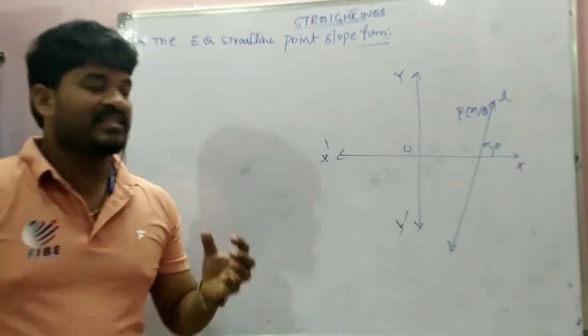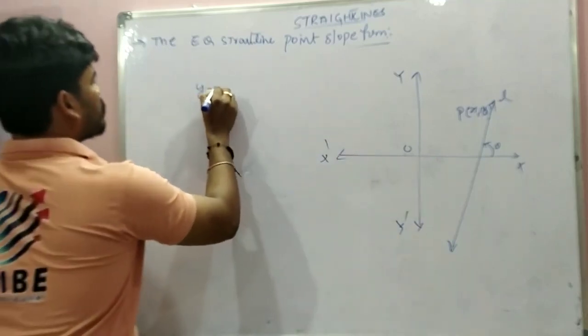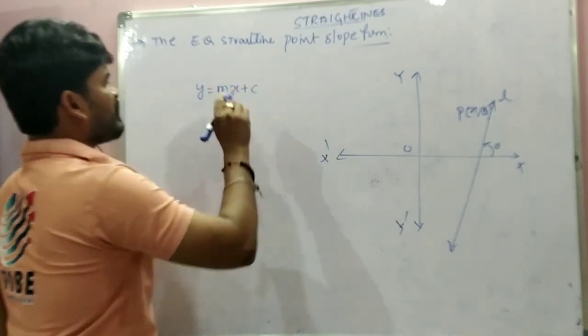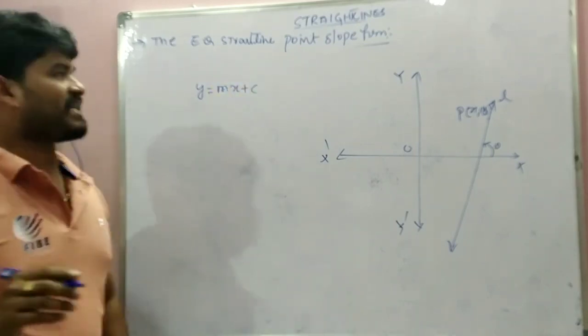Actually, we know that the equation of this straight line is y = mx + c.